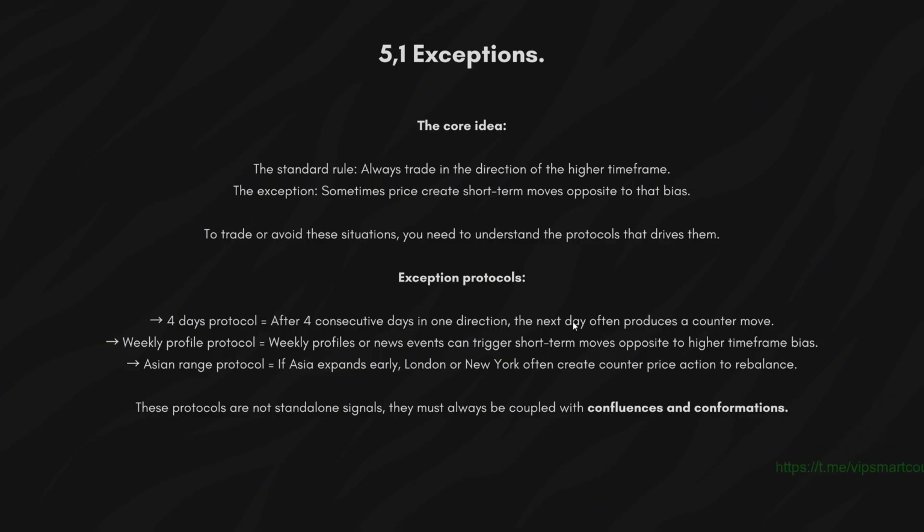Now let me break down these protocols for you. First of all, we've got the 4-day protocol, which basically says that after 4 consecutive days in one direction, the next day often produces a counter move. Which basically means that, let's say price has formed bullish price action for 4 consecutive days, then it's highly likely for price on the 5th day to form bearish price action in the counter direction.